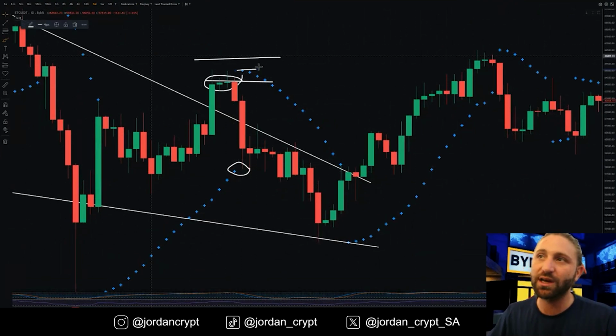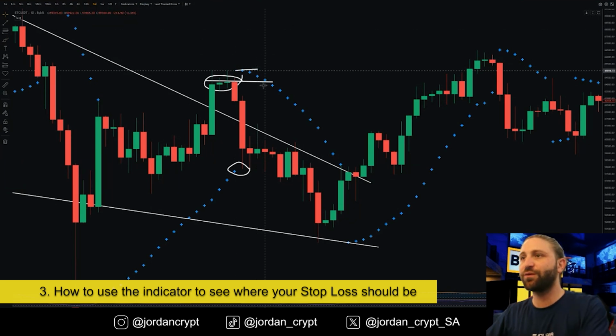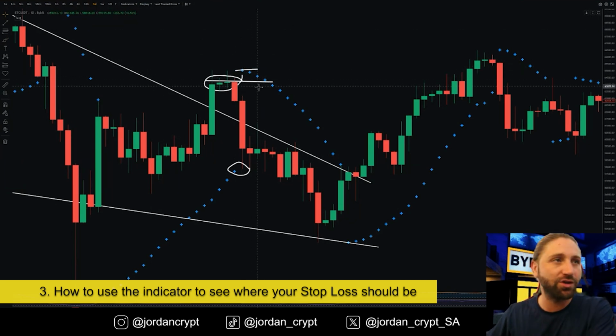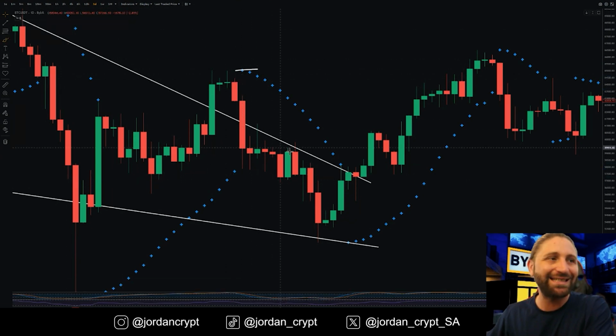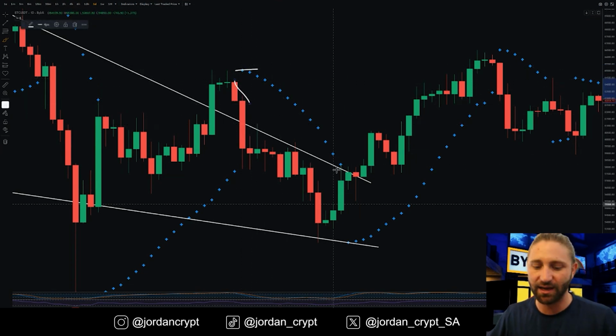What this told us is that is where our stop loss should be, because price will only reverse technically, parabolically, once price hits this exact point from within this candle.